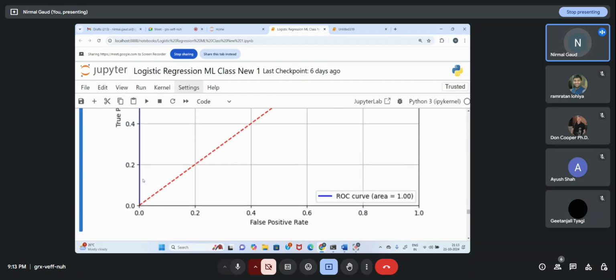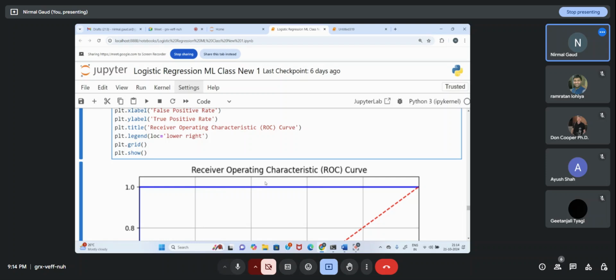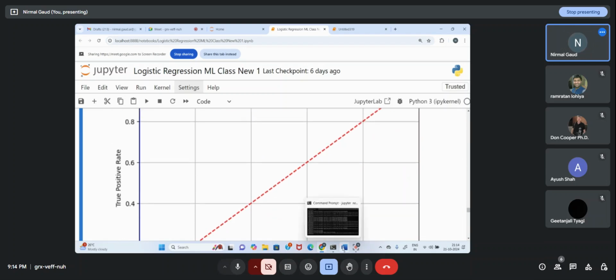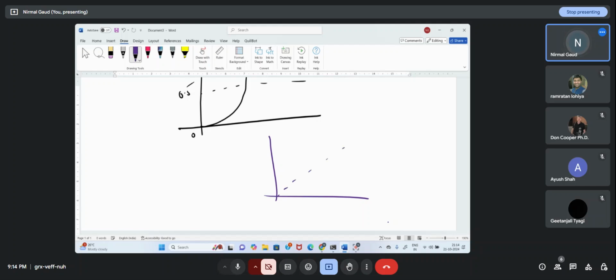So you can see there is a blue line going till 1, connecting to the dashed line. Since you already have 100% accuracy, this is your dashed line, this is your red, it is connecting this. So the entire area is equal to 1. Area under the curve is 1.